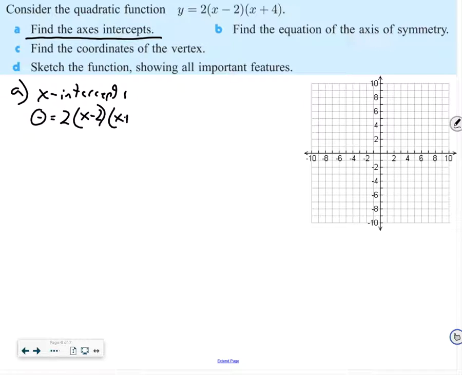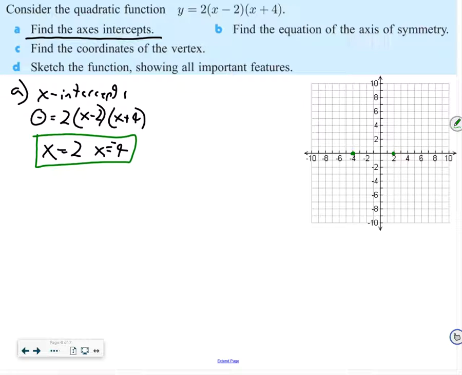It's already in factored form, which makes my life a lot easier. So I know this is going to happen at x equals 2 and x equals negative 4. That's my x-intercepts. So I'm going to graph those in green, at 2 and negative 4.